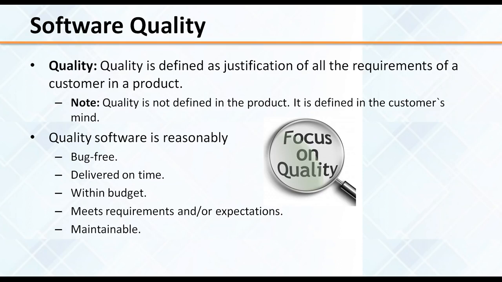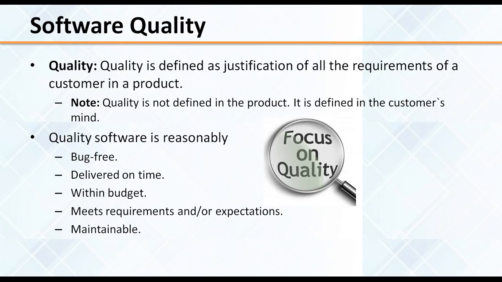Let us discuss here. Quality is defined as the justification of all the requirements of the customer in a product. Who will say whether the product is quality or not?